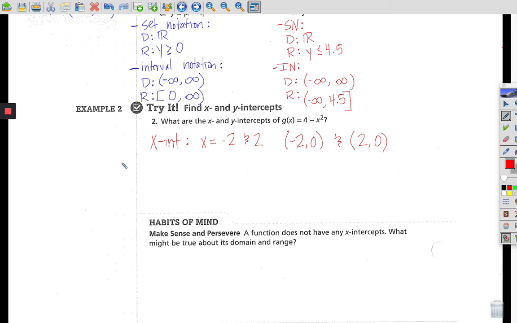And then we had one y-intercept, which was y is equal to 4, or the ordered pair 0, 4.